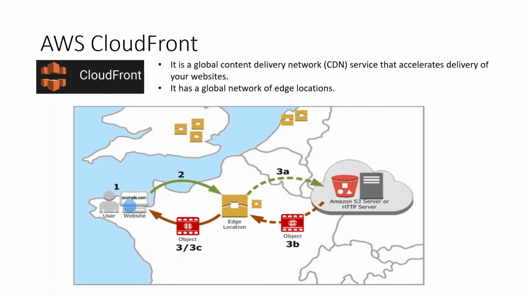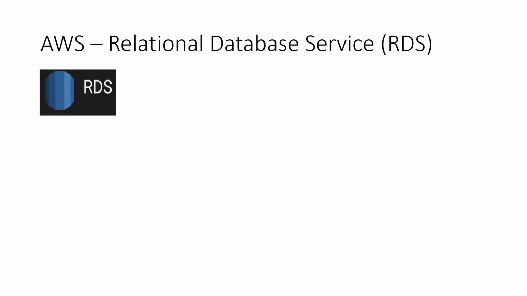Subsequent requests from the same user or another user for example.com would look for the object within the edge location. If the object is present, straight away it is returned back to the user instead of going again back to the original server where the website is hosted. In this way, the service accelerates the delivery of your websites.